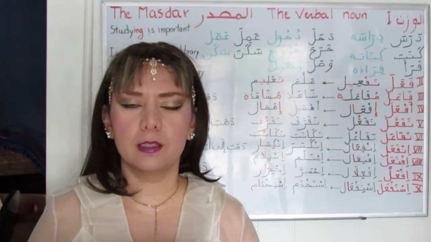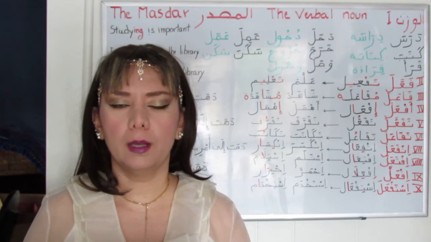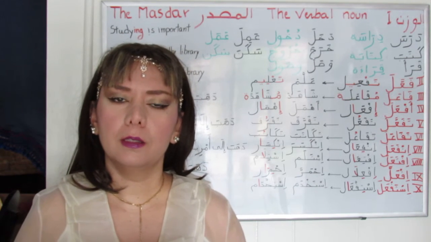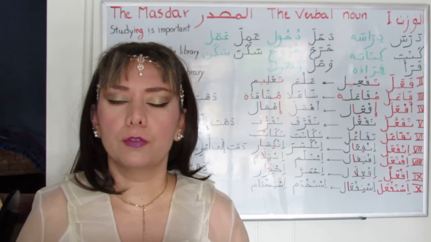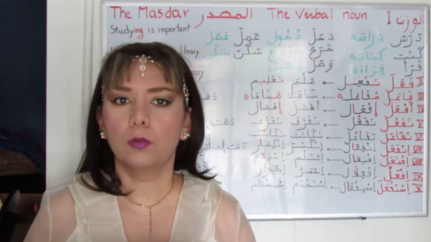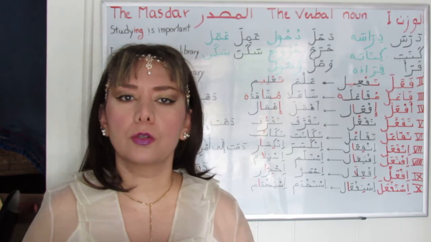In today's lesson, we will talk about the Arabic verbal noun, al masdar. Al masdar literally means a source of something, source of water, of light, but here we will be mentioning a source of a verb.